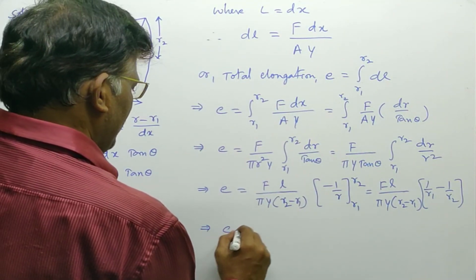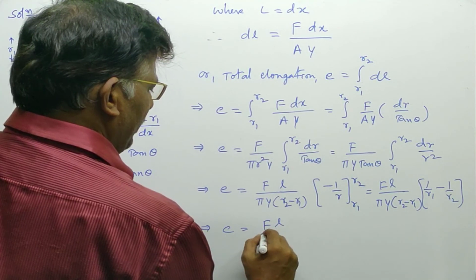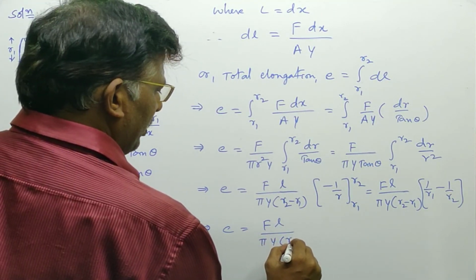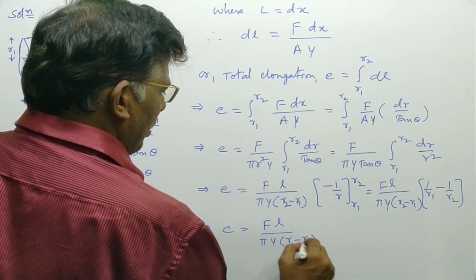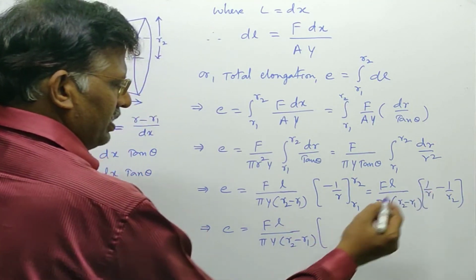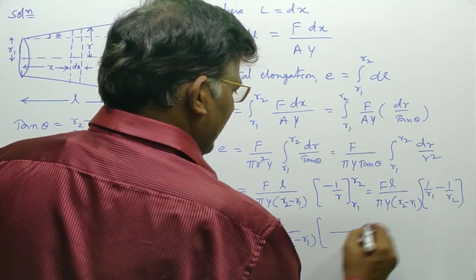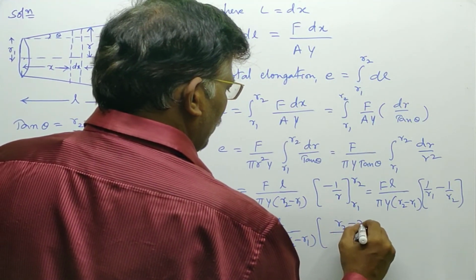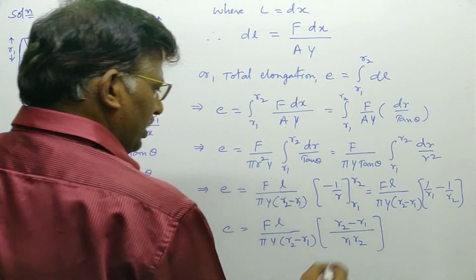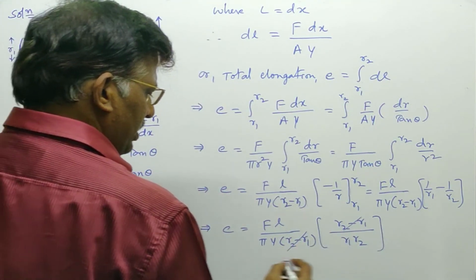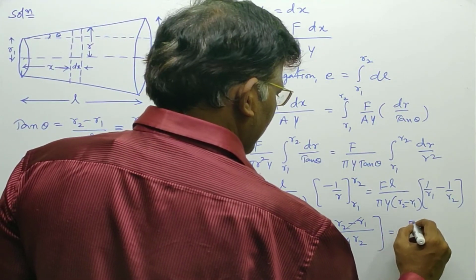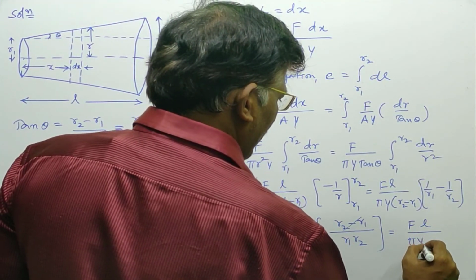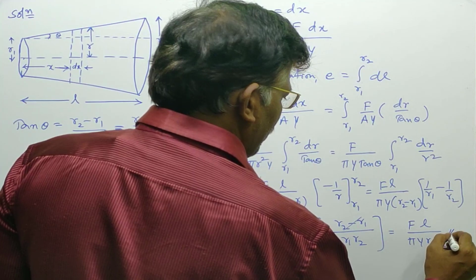And that implies E is equal to FL divided by pi Y into R2 minus R1 into, in the numerator you can write R1 R2 as the LCM. So R2 minus R1 cancels, so our answer is FL divided by pi Y R1 R2.